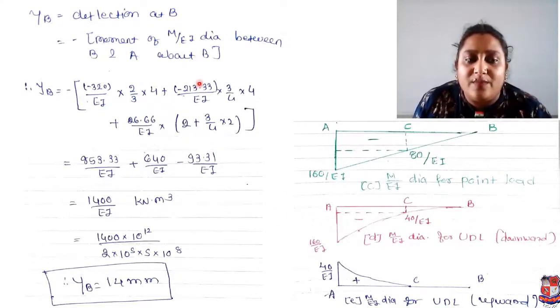If we simplify that, 853.33 upon EI plus 640 upon EI minus 93.31 upon EI. Again we simplify and get 1400 upon EI kilonewton meter cube. We have all these values in Newton and mm form, so we have to convert it also in that form. So we multiplied by 10 raised to 12. If we simplify, our deflection at B will be 14 mm.